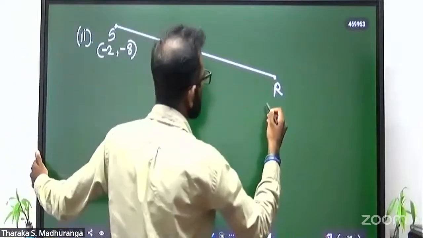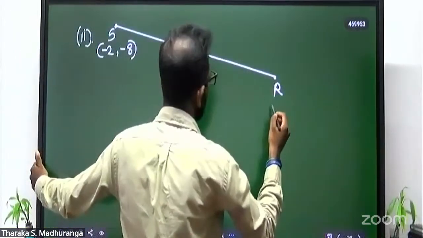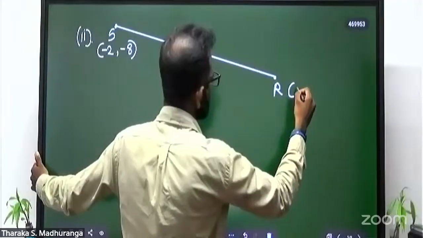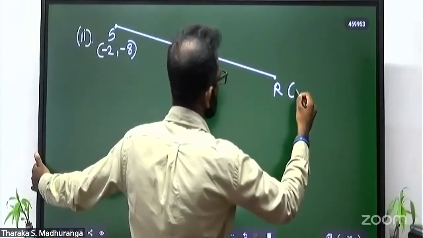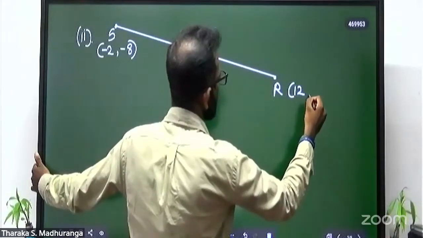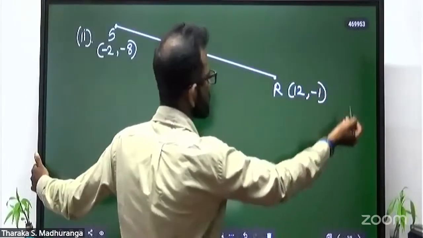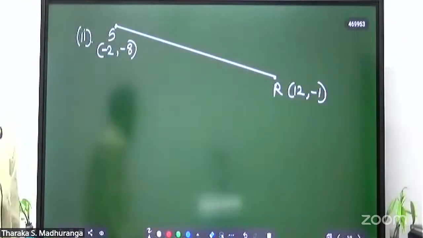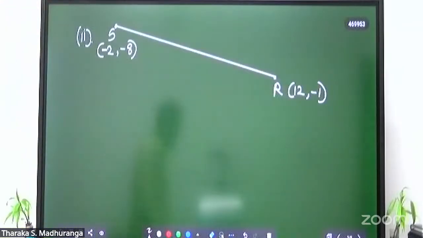The R coordinates are 12 and -1. Okay, quickly send me the length, the root value is enough. I want the SR length, the length of the straight line between S and R.